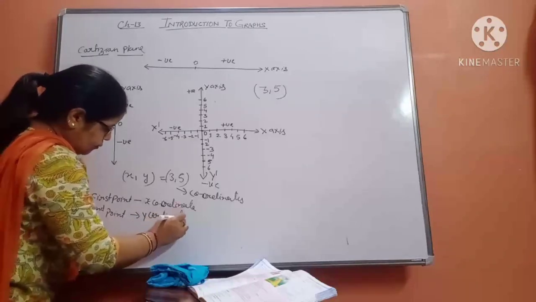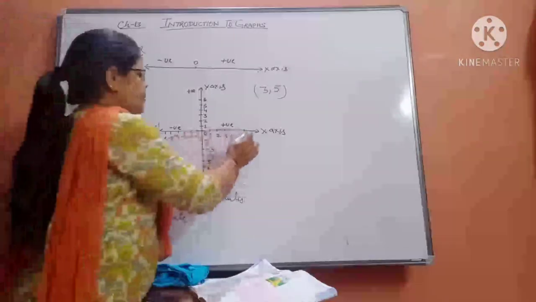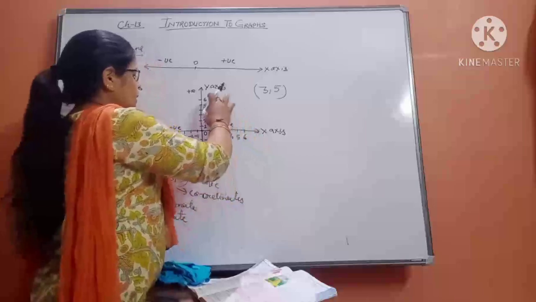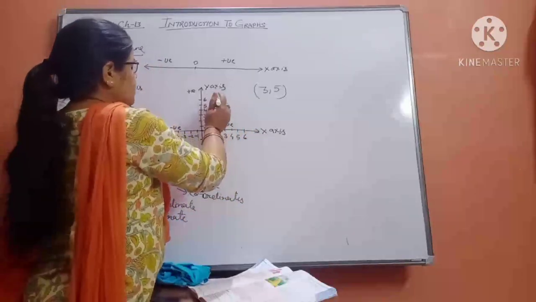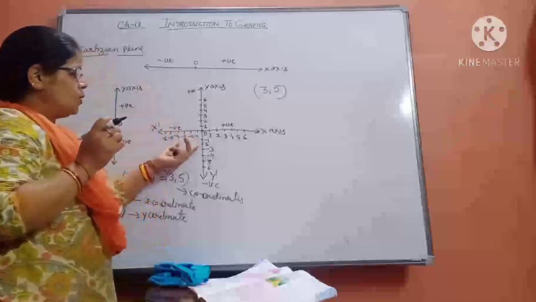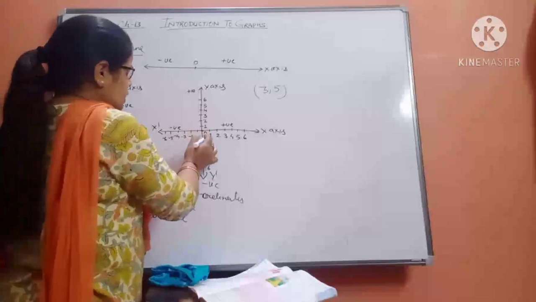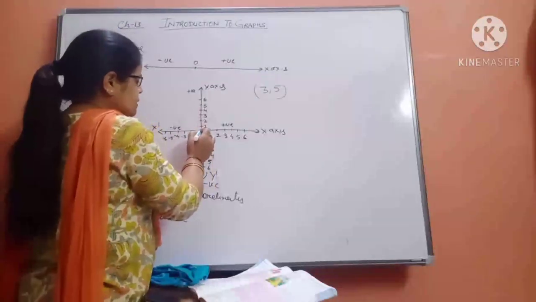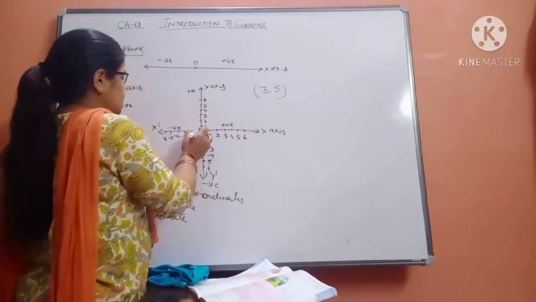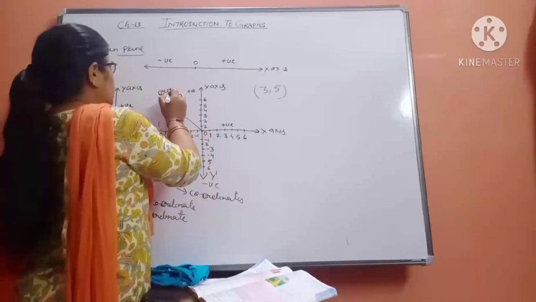Okay beta, before moving to the next, just try to understand. Here in this way, this is the first quadrant. First of all, try to understand this Cartesian plane: the point of intersection of x-axis and y-axis is known as the origin, okay.